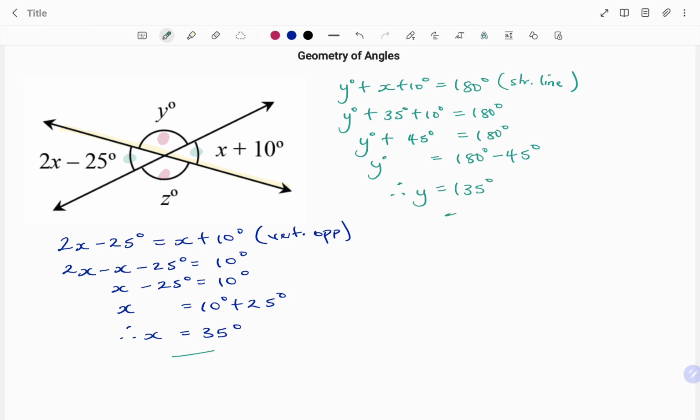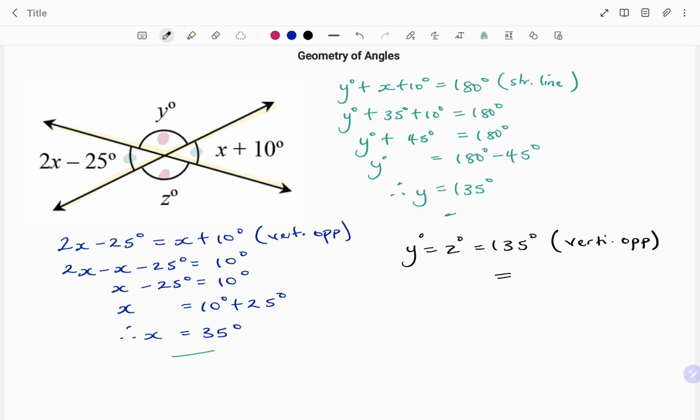To find z, because of the two intersecting lines, as shown, y is equal to z degrees, which is also equal to 135 degrees. The reason being, the two angles are vertically opposite angles, and vertically opposite angles are equal.